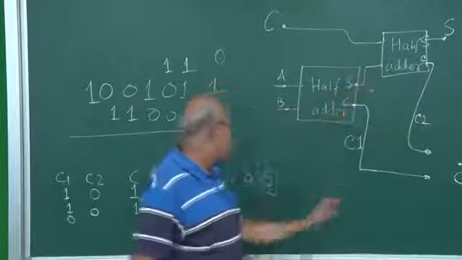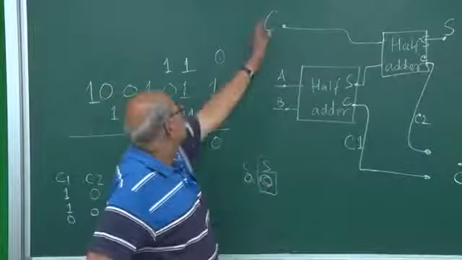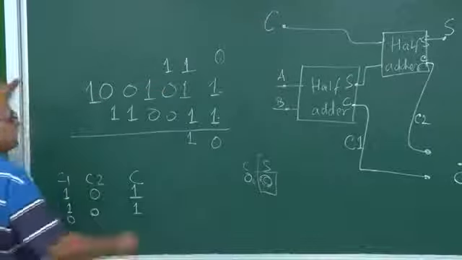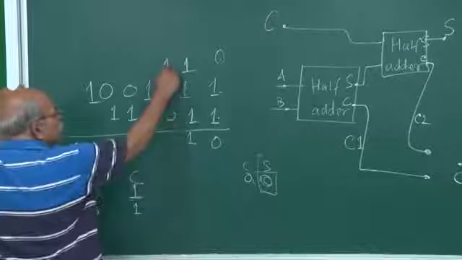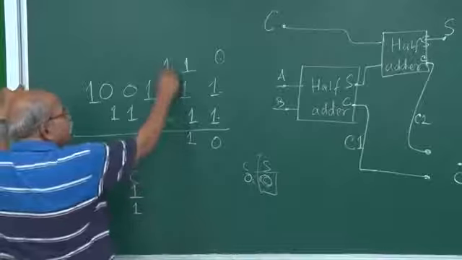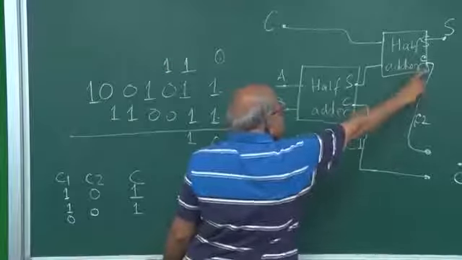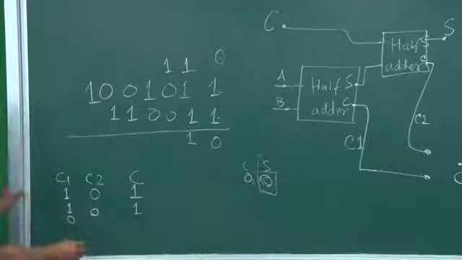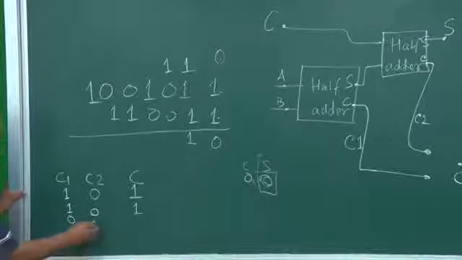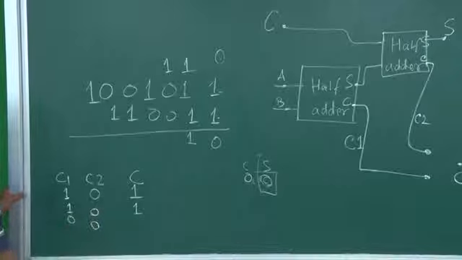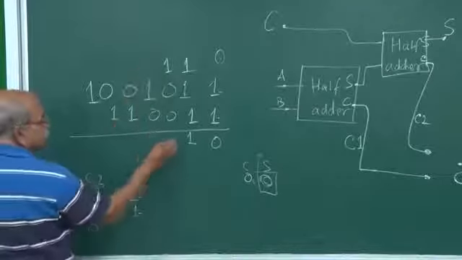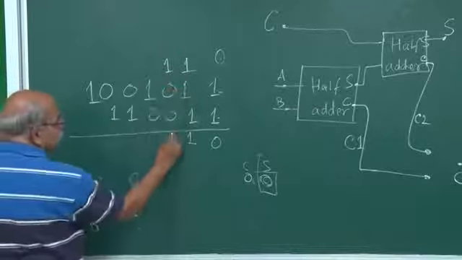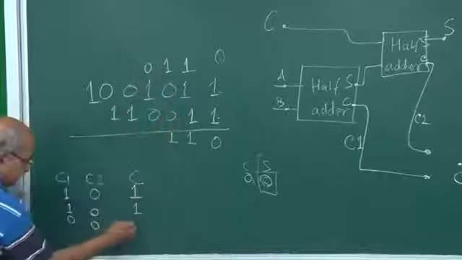The sum is 0 and the original carry is 1. 0 and 1, what will be the carry? The carry will be 0. So C2 will be 0. And what is the final carry? This will give you 0 and 0, so it is 0.